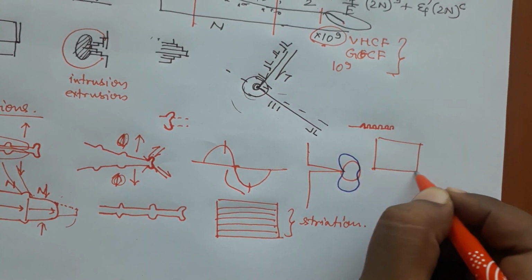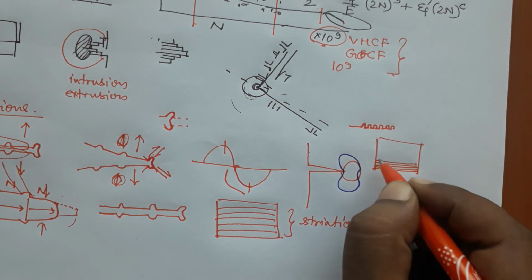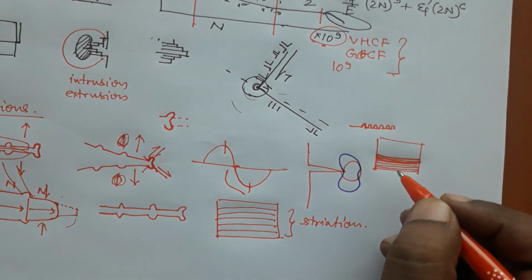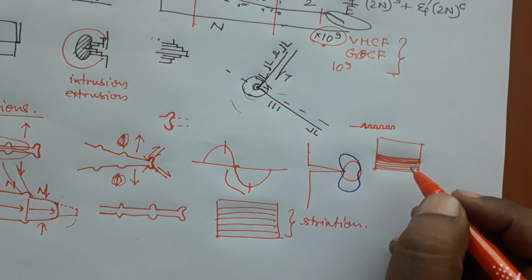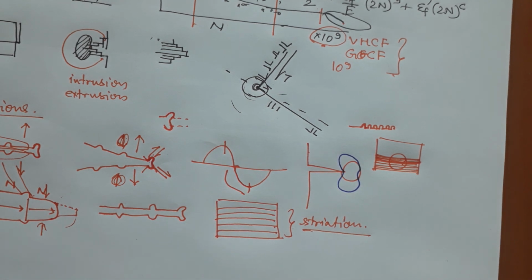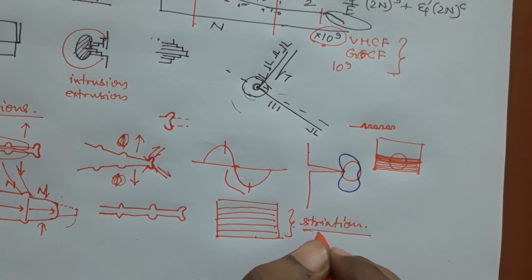In the microstructure these lines will be very close to each other, so close sometimes that you cannot differentiate them even with the scanning electron microscope, and therefore sometimes you may not see striations. It does not mean that the material has not failed in fatigue. Okay. The presence of striations in the microstructure confirms that the material has gone through fatigue, but the absence of striations does not confirm that the material has not gone through fatigue.